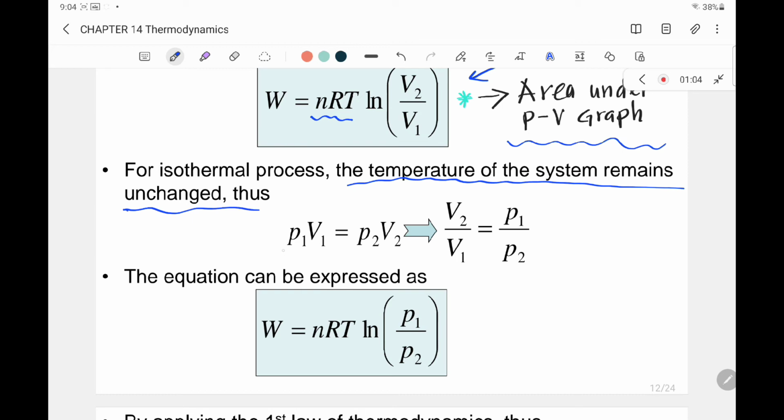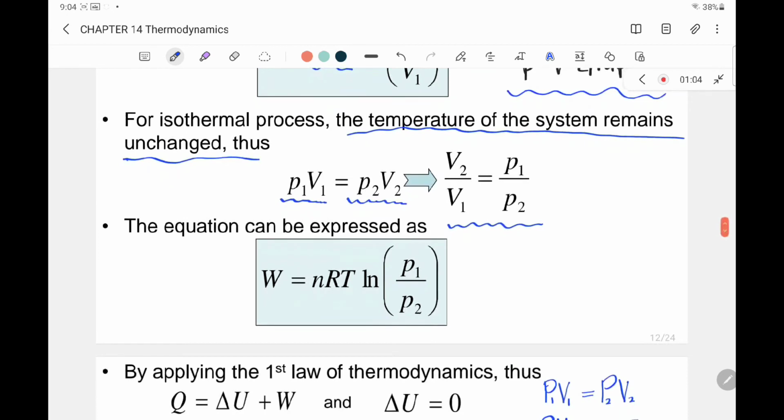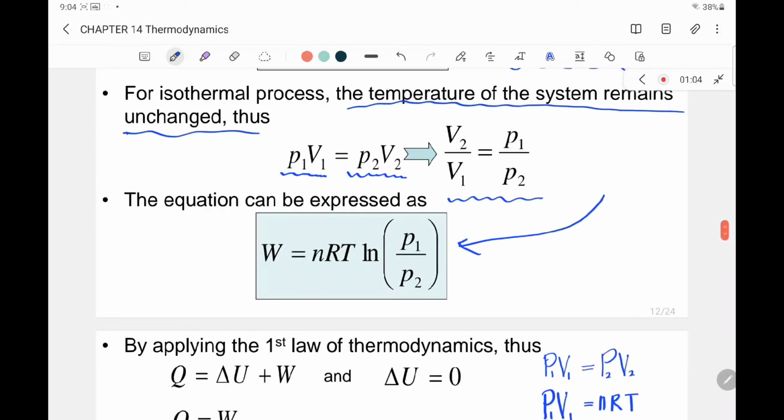Thus, P initial V initial, P1 V1, is equal to P final V final, P2 V2. V2 per V1 is equal to P1 per P2. So the work done by the isothermal process, we can also substitute V2 per V1 with P1 per P2. So work done is equal to nRT ln P1, P initial, divided by P2, P final.